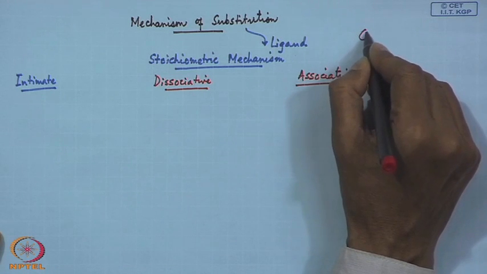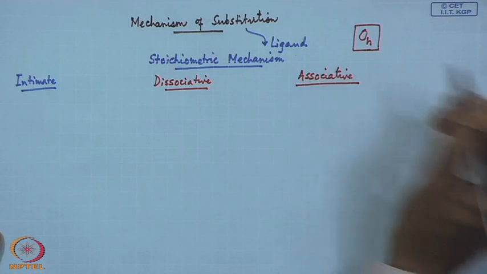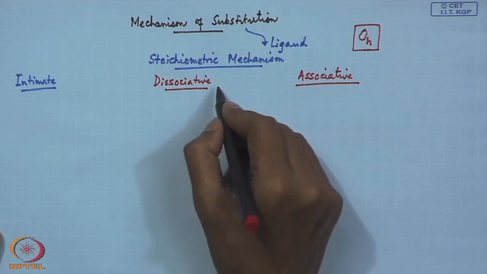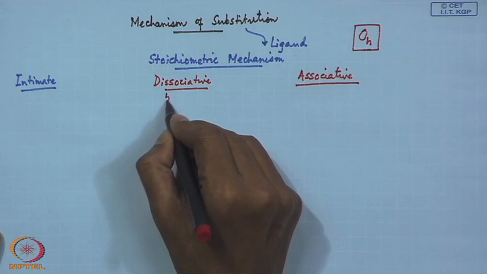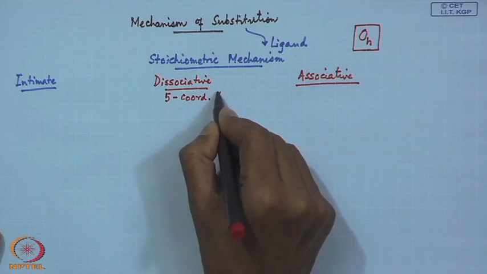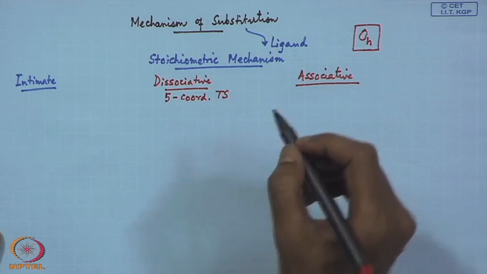So, if we are talking about the corresponding octahedral complex, if one ligand is going away, in the transition state we have a 5 coordinated system with respect to the reactant.